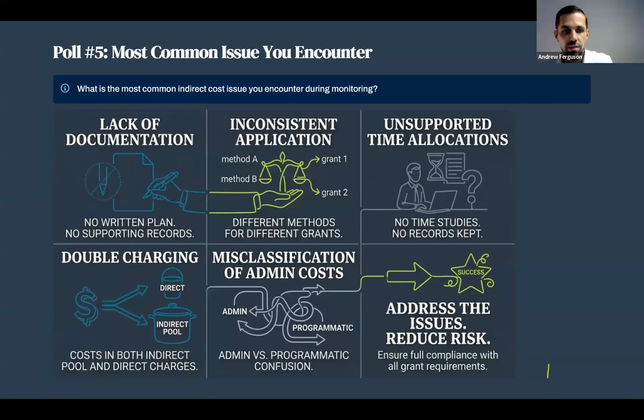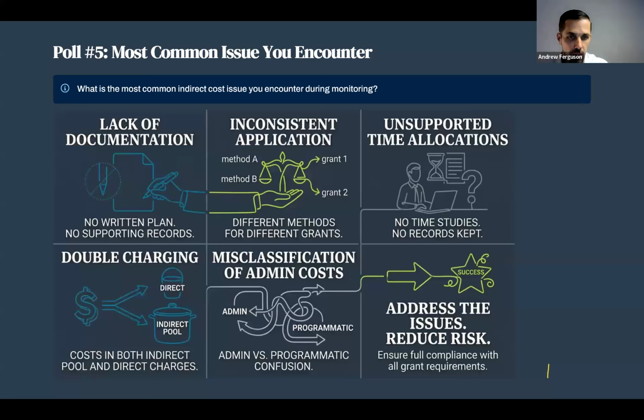Lack of documentation, inconsistent application, unsupported time allocations, double charging, or misclassification of admin cost.